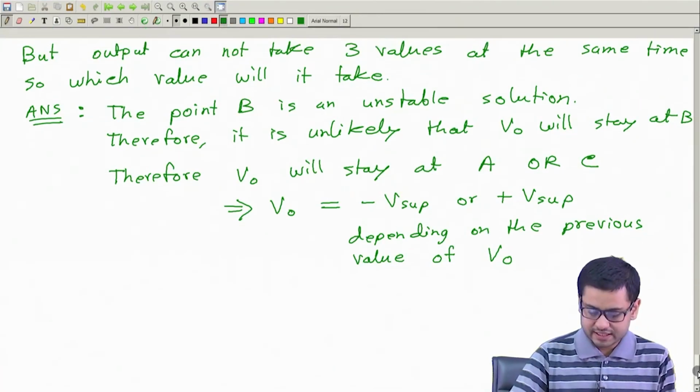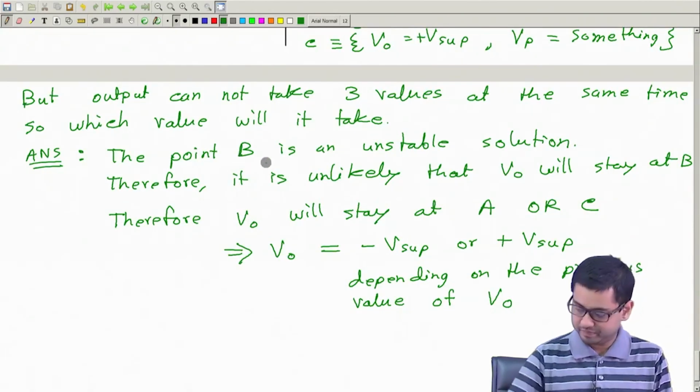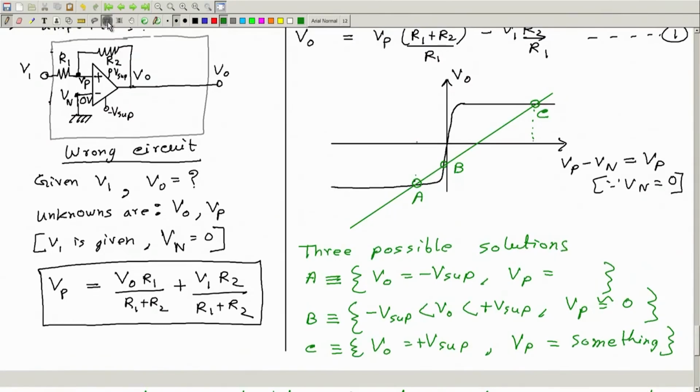First let me justify why point B is not stable. Let me just copy this.